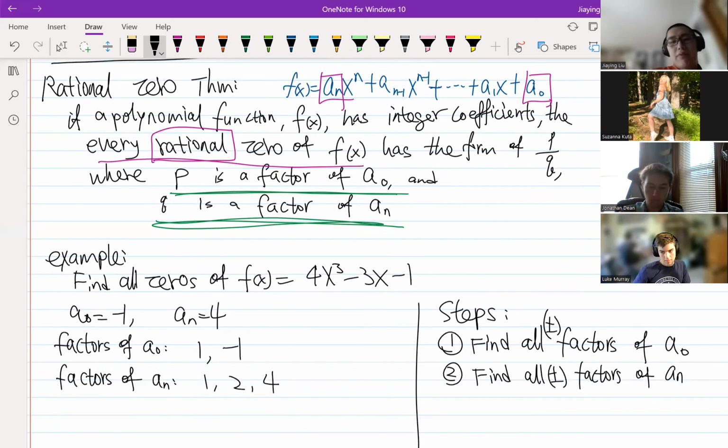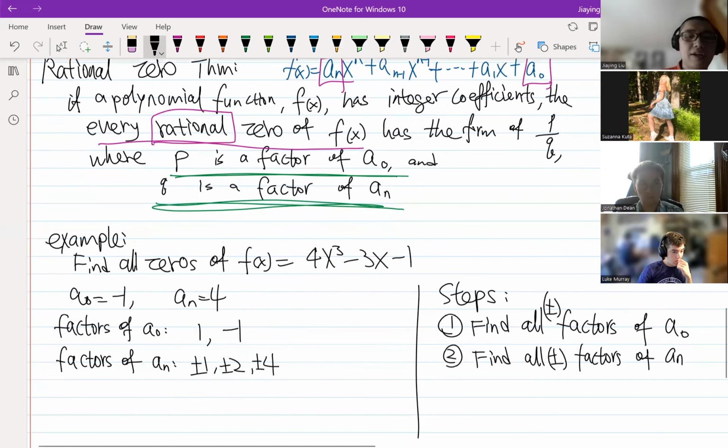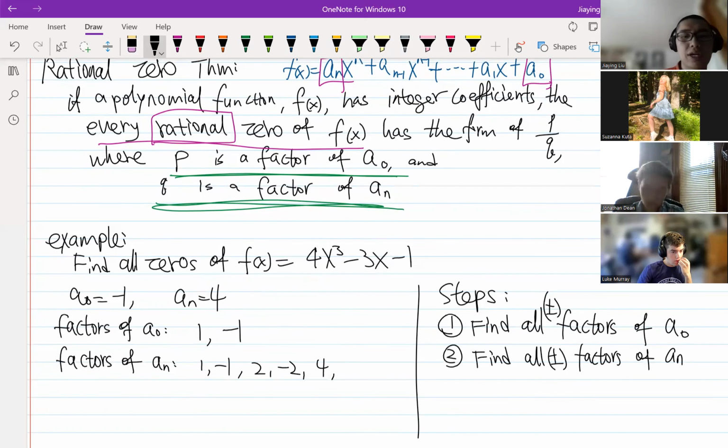But it could be negative, right? -1 times -4 works, and -2 times -2 works. So the factors don't have to be all positive. It could be negative, so I'm going to use plus minus of each: plus minus 1, plus minus 2, plus minus 4. If I expand this, that's going to be 1, -1, 2, -2, 4, -4. So those are the factors of an.